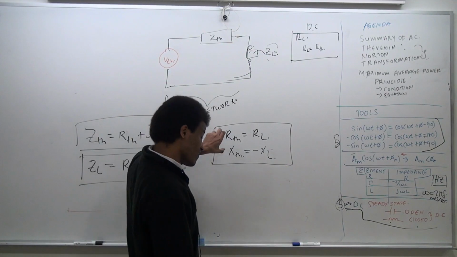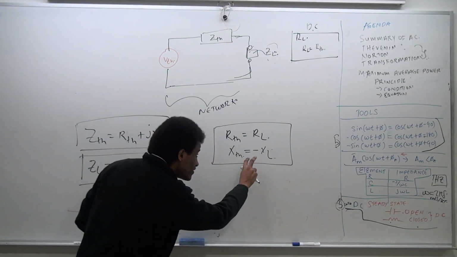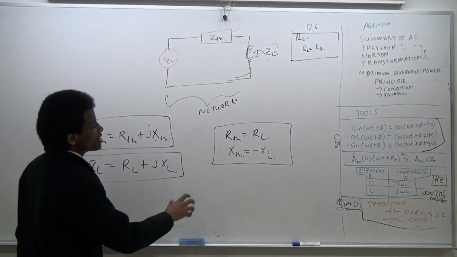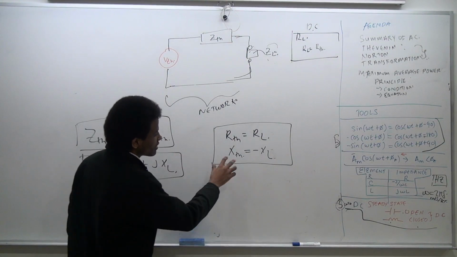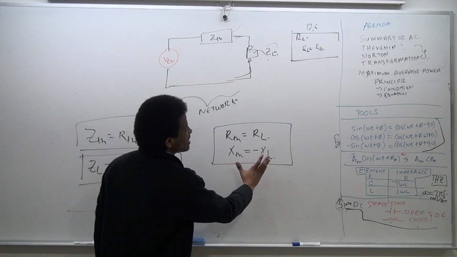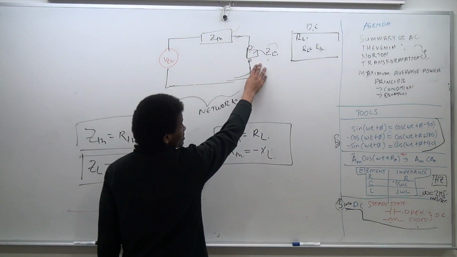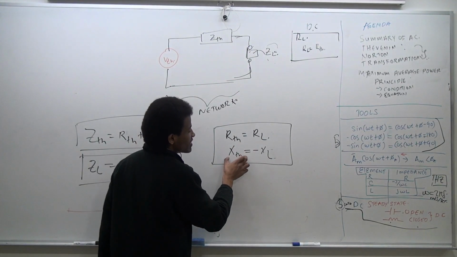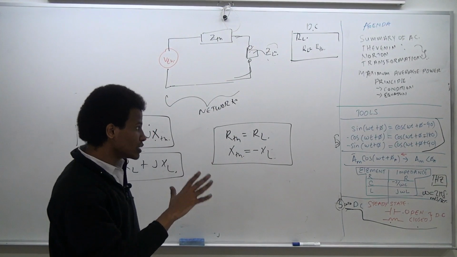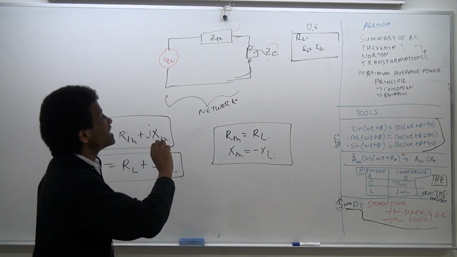If this does not hold, if even this is changed a little bit, that's not true. The reason for this, you'll realize naturally, is that if XL and X Thevenin are the negative of each other, you can sense a cancellation, because you have impedances in series. So the X Thevenin and the XL are going to cancel each other. So the imaginary component of the power of the load is killed.